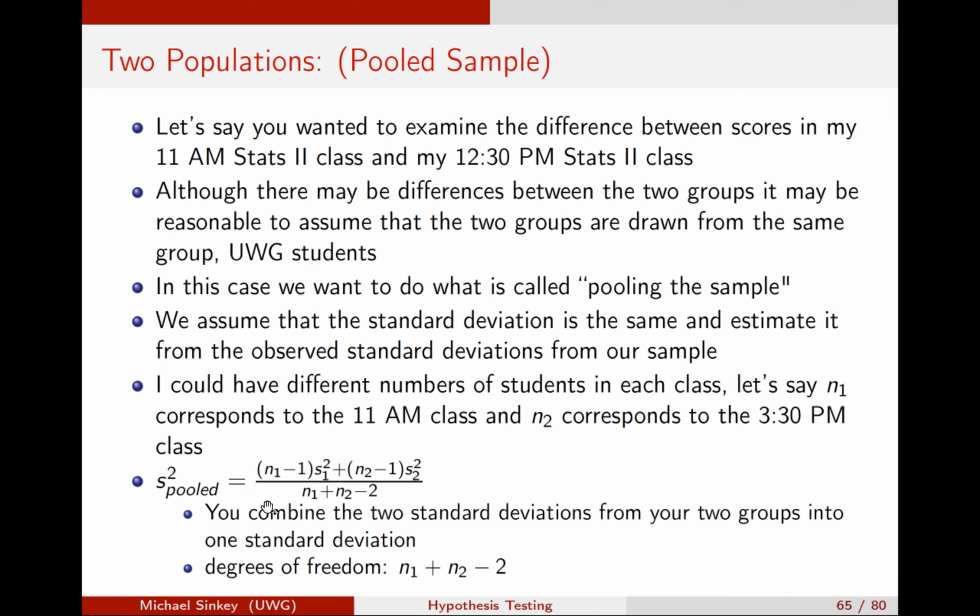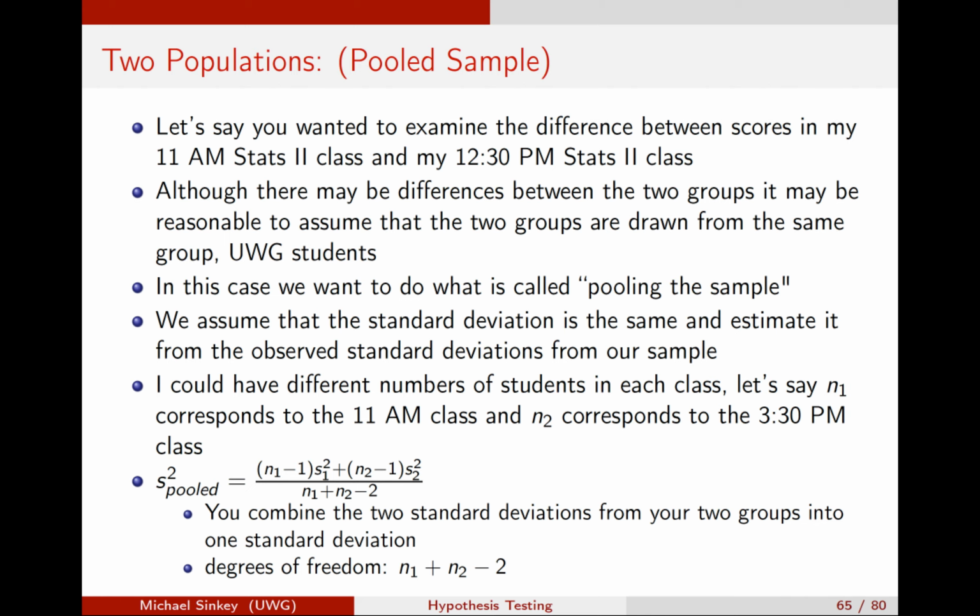How it works is you have two different populations. When you compare them in some way, you have two different means, two different sample sizes, and two different standard deviations. Those sample sizes may be quite different.